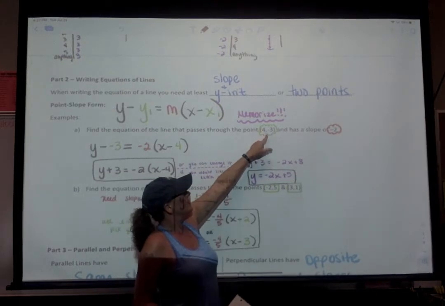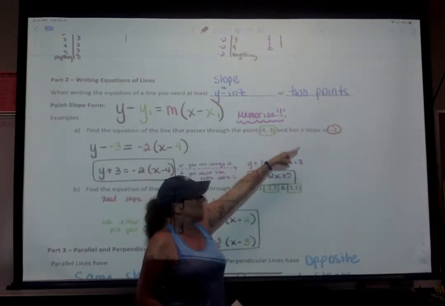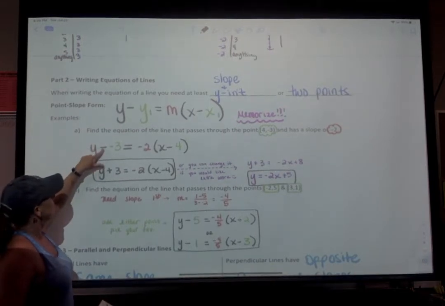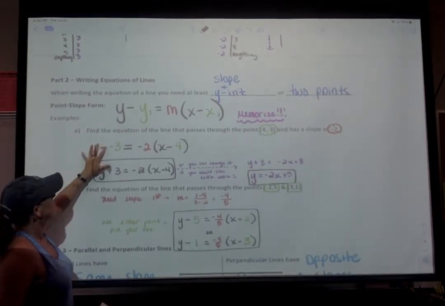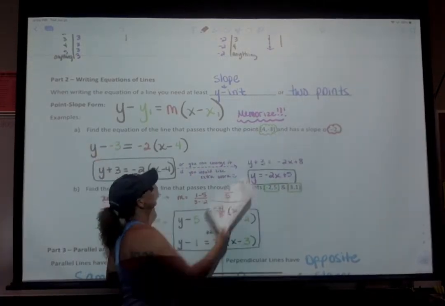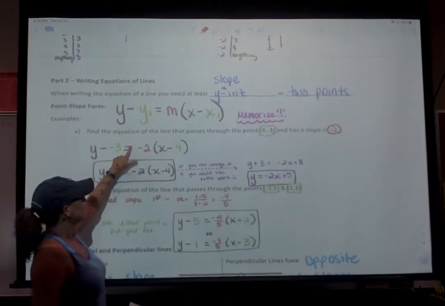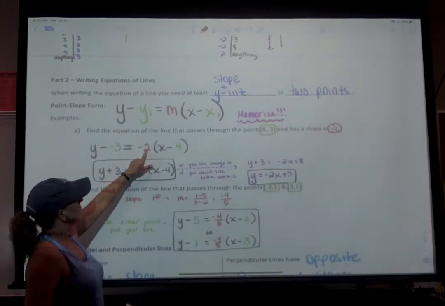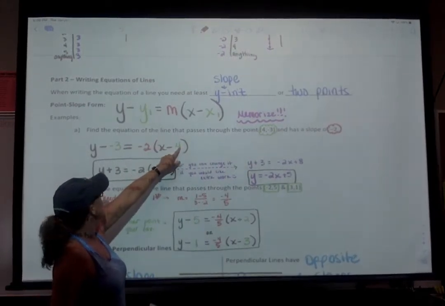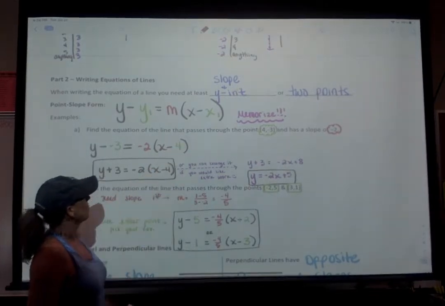So I've highlighted this point is green, the slope is red. y minus, that's locked in, that has to be there. This is where your y coordinate goes from your point, equals, that's locked in. This is where your slope goes, parentheses, x minus, that's all locked in, and then my x coordinate is 4.